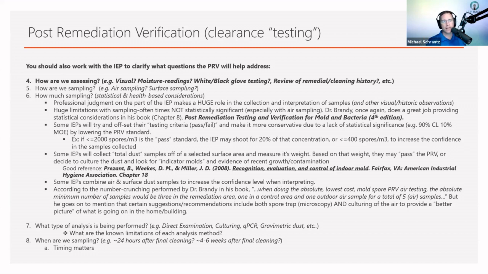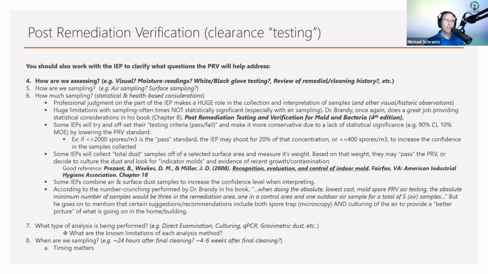Well, the IEP may look at that and say, well, I know I'm not collecting as many samples, so I'm going to go for 20% of that concentration, or less than or equal to 400 spores per cubic meter, in order to increase the confidence in the samples collected. So they'll offset and lower that number from 2,000 to, say, a lower number of 400, because they understand that they're not collecting 4, 5, 6, 7 or more samples inside of the containment, usually due to cost.